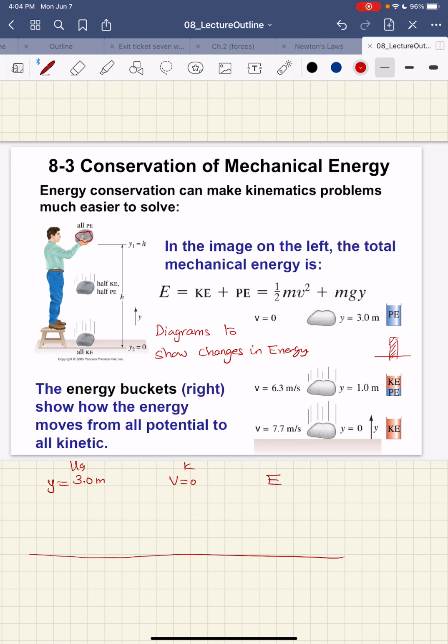When I am at that altitude, all of this is UG, and according to what I have for the velocity, K is 0. When I add these two, I get this, and you can say here that E equals UG because K is 0.